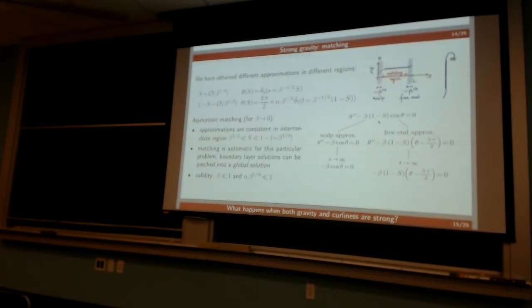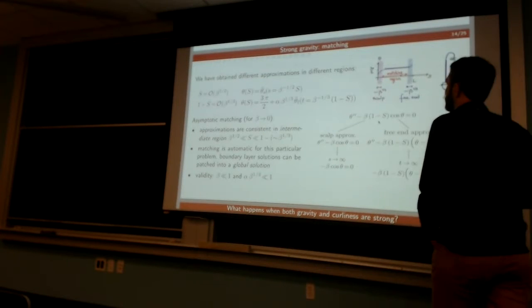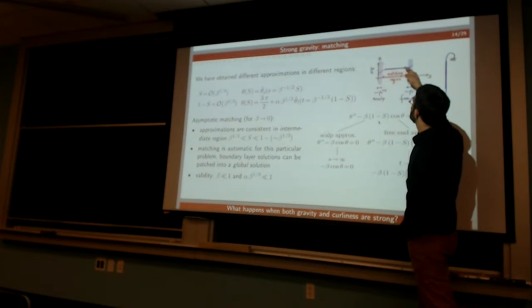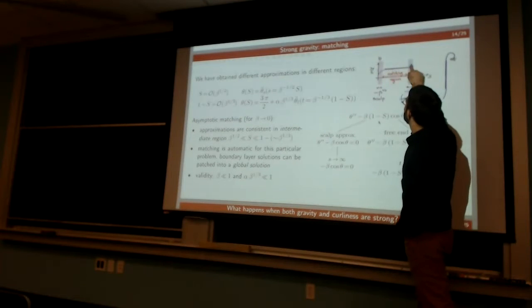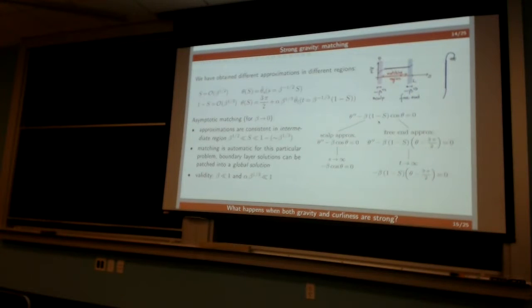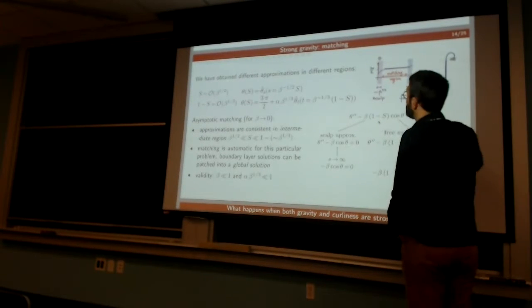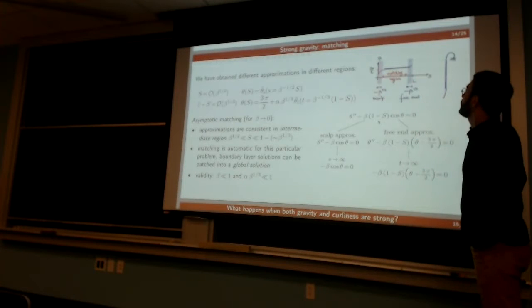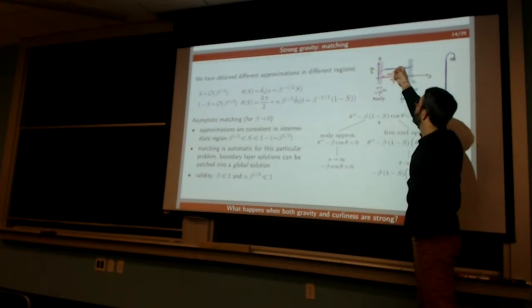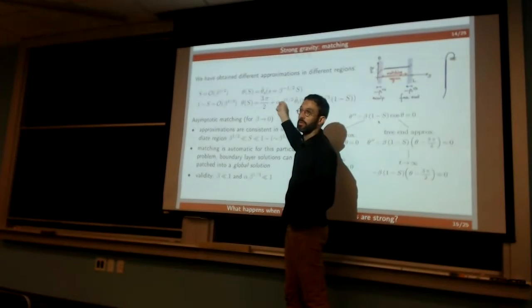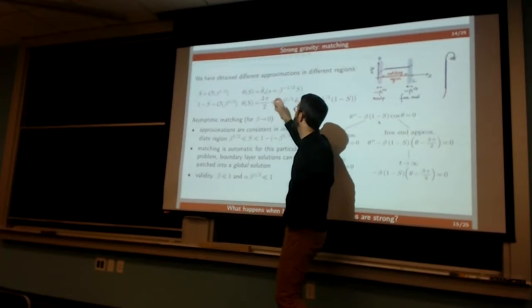Well, by design, we have made sure that these two functions in this region in the middle go to 3 pi over 2, right? So by design, we've made sure that they are consistent. So we can just define some kind of composite approximation where we have a global function that can be evaluated by whatever formula you want in the matching region, because they are by design consistent.